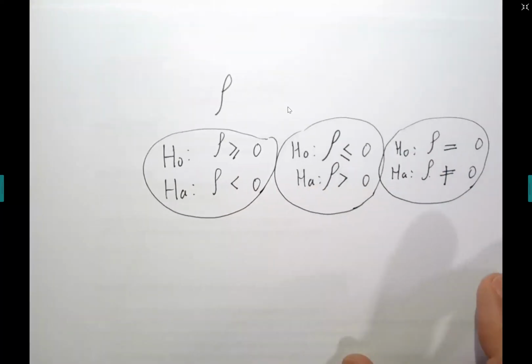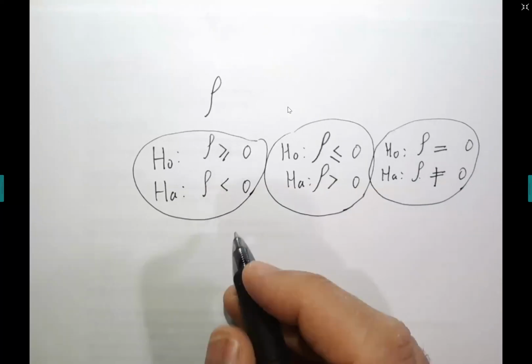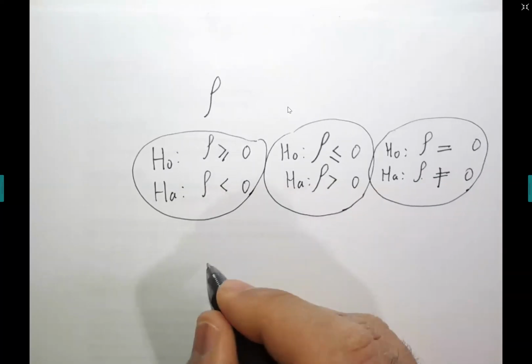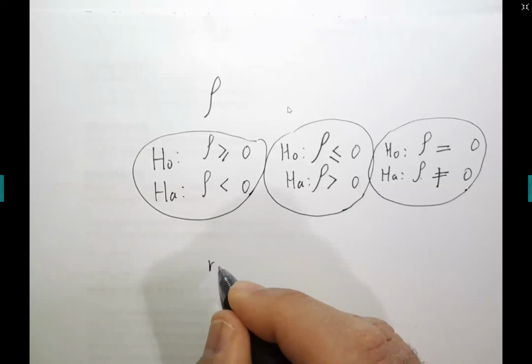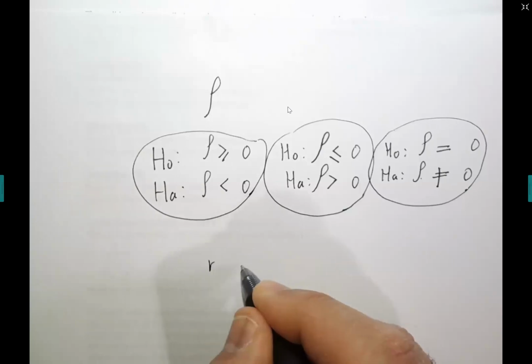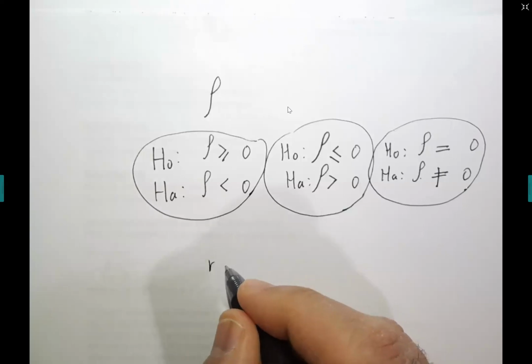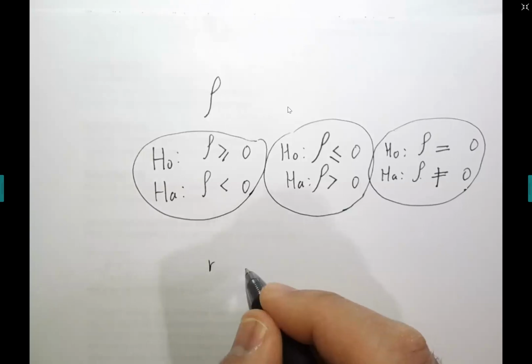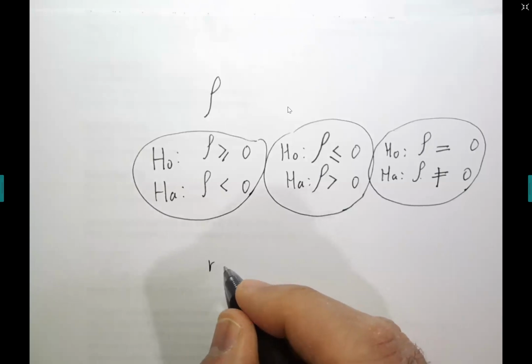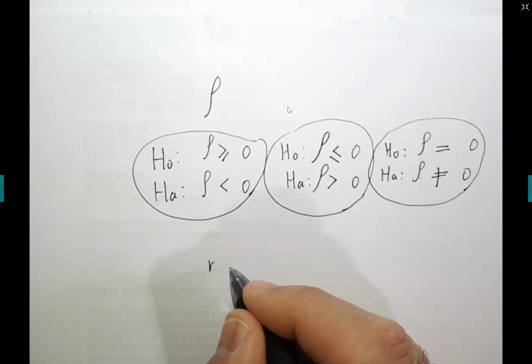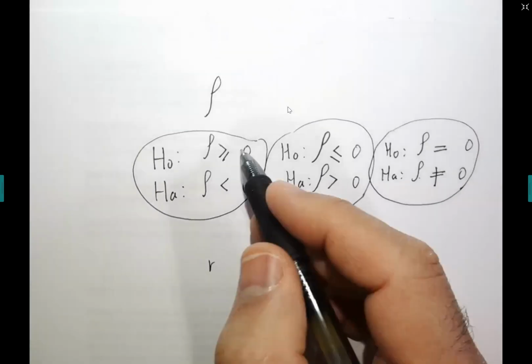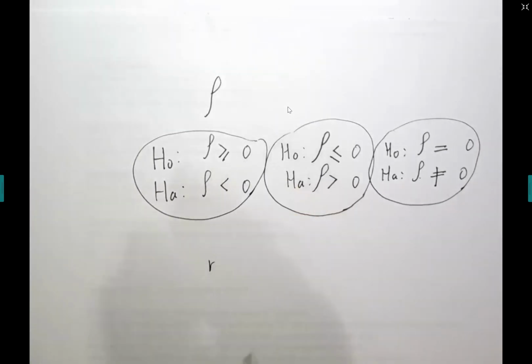We said about R, if you remember, when R is very close to 1, we have strong positive correlation. When R is close to -1, we have a strong negative correlation. But when R is close to 0, the correlation is weak. That means no correlation. And here it works the same thing against 0.